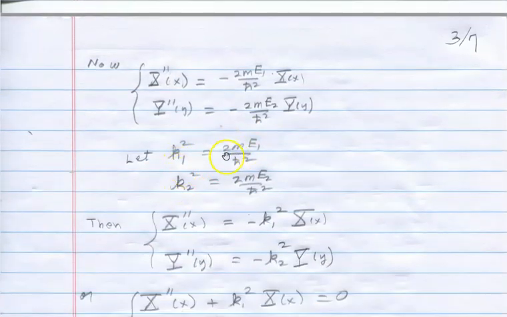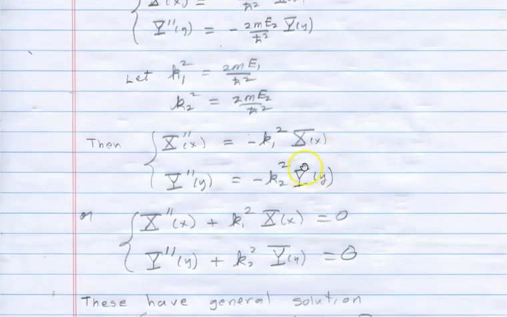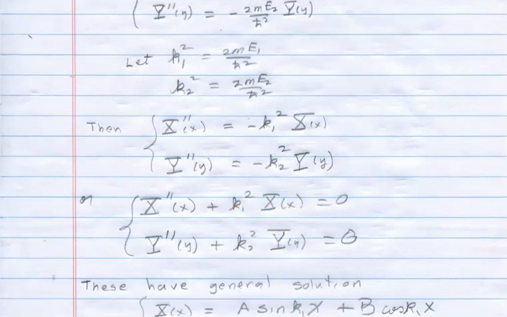To explicitly display that, I'll write it as k1 squared for the top one, and k2 squared is the bottom one. So I can rewrite those in this form, and then finally get the standard form for these standard differential equations for a capital X of x and capital Y of y.